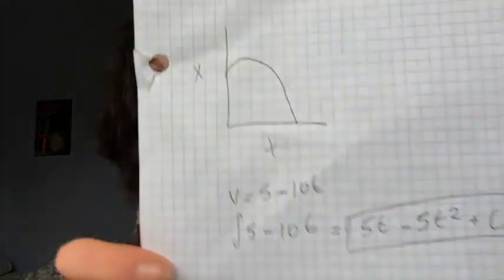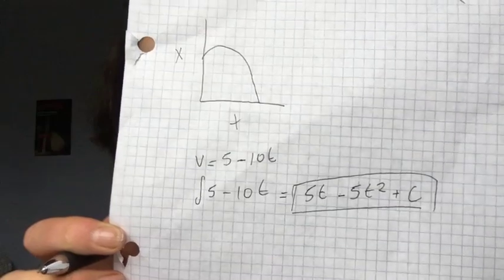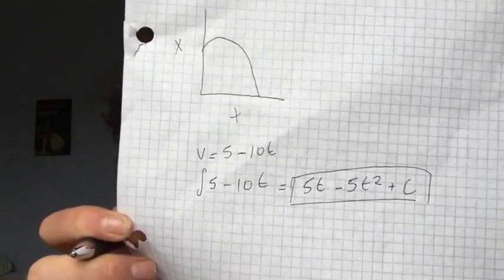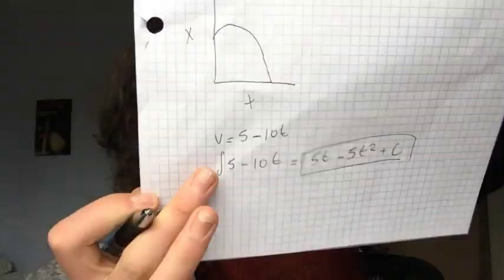So this equation in the box right there is equal to position, and you can kind of see how I got that from the initial integral I took.